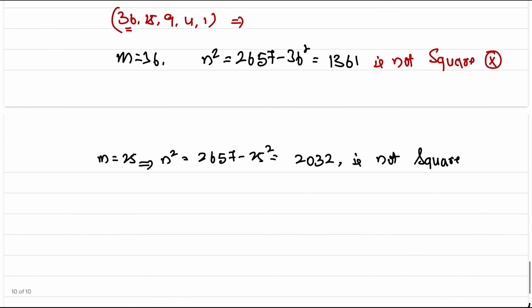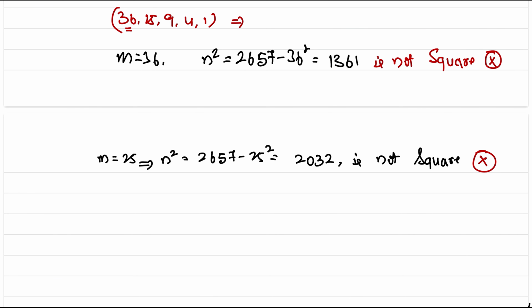Hence, it is not possible. It's not a perfect square. That means n is not an integer. And n is nothing but b square. n should be a square. From n square, when you get n is not a square.